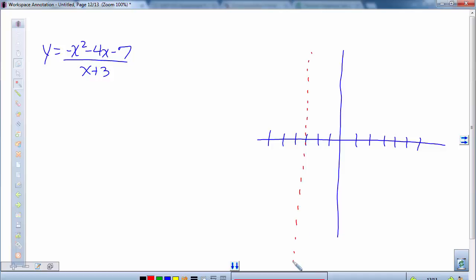All right, you got the asymptote there. And then we can go on and also still try to find those y-intercepts and x-intercepts. So for my y-intercept, if I put 0 in for x, I'm going to get negative 7/3.